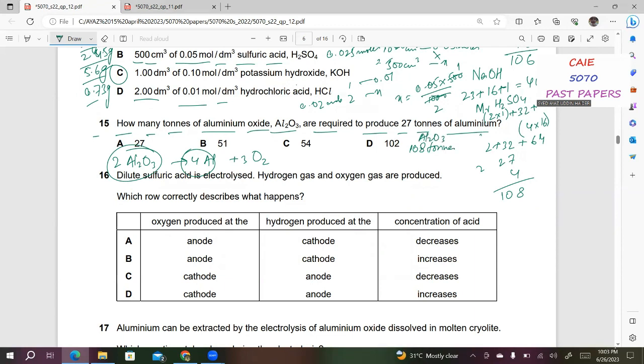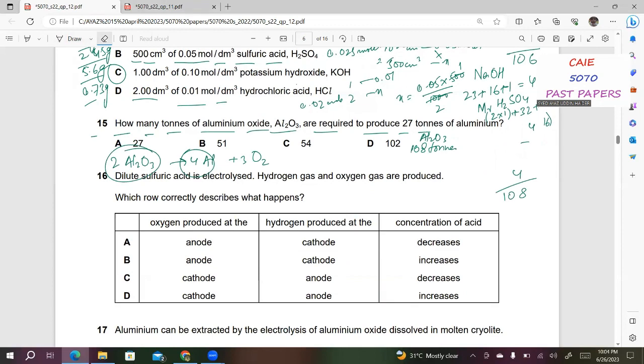Al2O3 and we have aluminium. How many? 4 aluminium. Sorry, this is for aluminium: 108 tons is for aluminium. I am writing aluminium 108 tons. What about Al2O3?